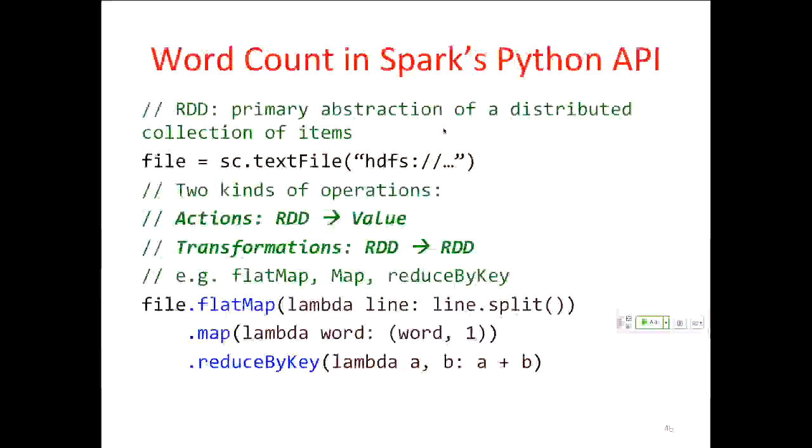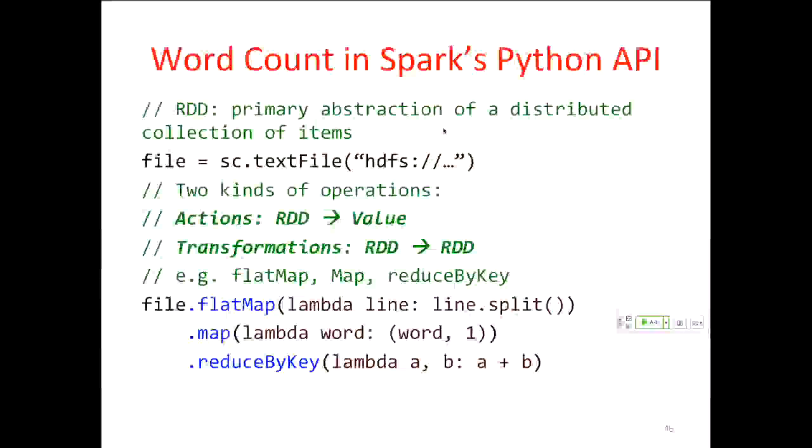So, okay, let's see. This is possible because here we load some data, and it's an abstraction of a distributed collection of items, which may be on or across multiple disks. However, it acts like a single data structure in Python.